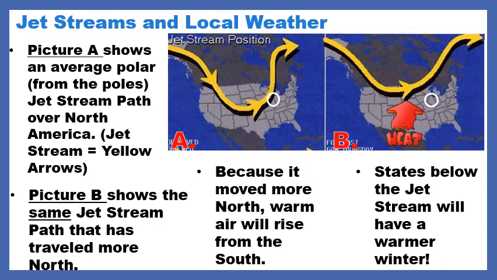It is way below it. So people in Chicago are going to get lucky because it's going to be a much warmer winter, because all of that heat is coming up from the south. I almost think of a polar jet stream as a fence that blocks heat. That's not going to happen because that jet stream has traveled so much farther north.